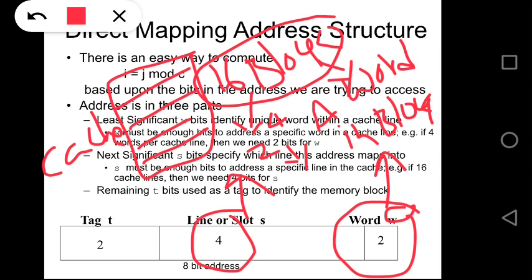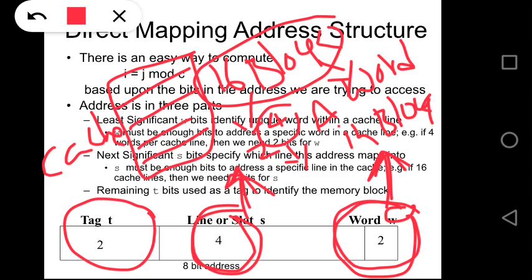It is important to identify which block, and for that we need 4 bits. Within that block we have 4 words, so 2 bits are enough to identify a word. Similarly, 4 bits are enough to identify a block number.